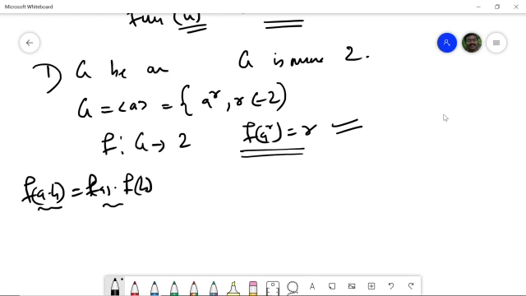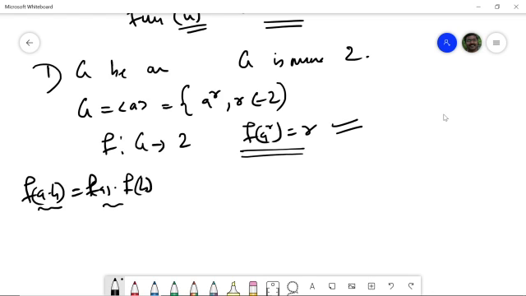So every element can be written in the form a raised to r, where r varies from 0 to n minus 1. Now Zn also has 0, 1 up to n minus 1. Here the operation is addition modulo n. So just as before, I am going to define a homomorphism from G to Zn by defining f of a raised to r is equal to r, where 0 is less than or equal to r is less than or equal to n minus 1.